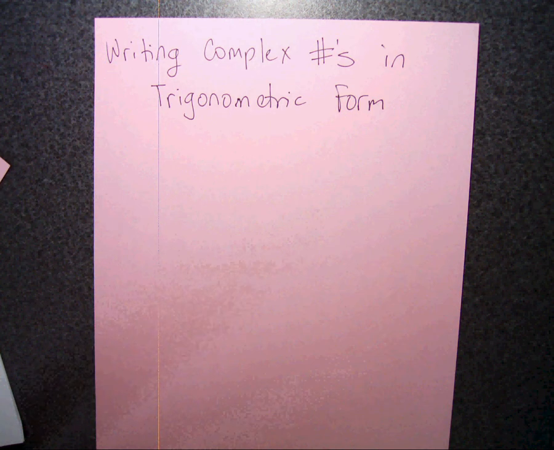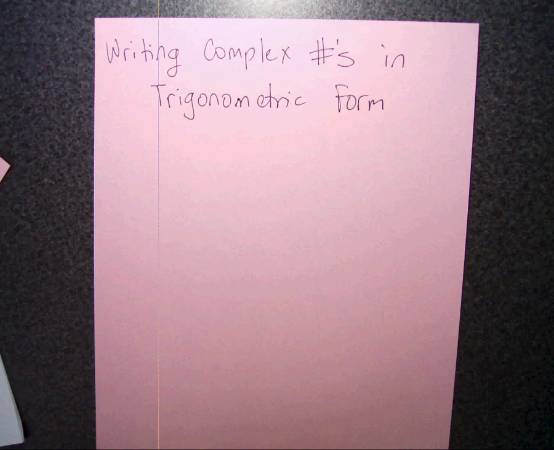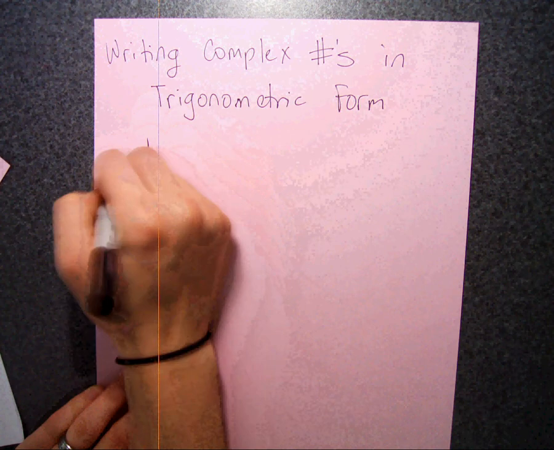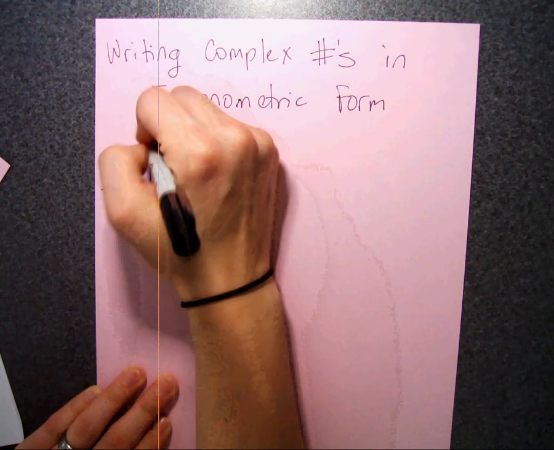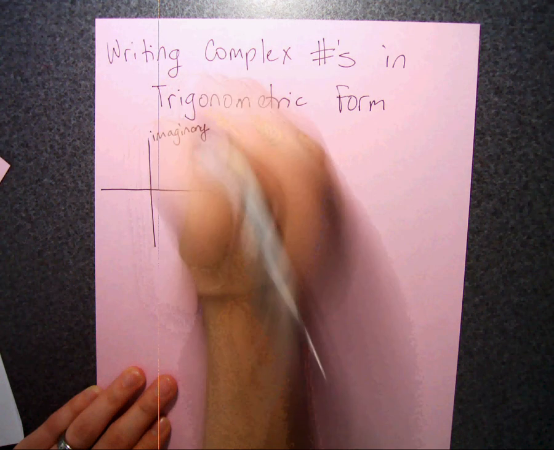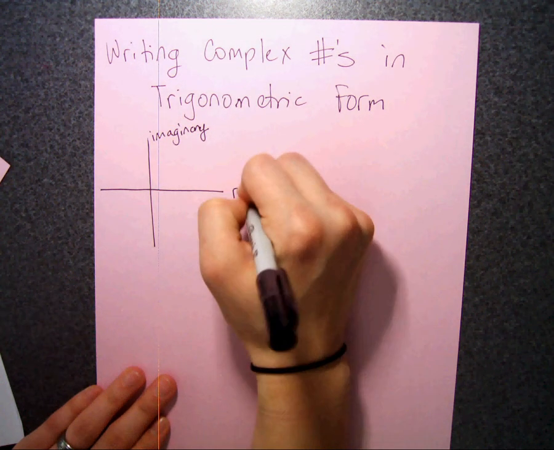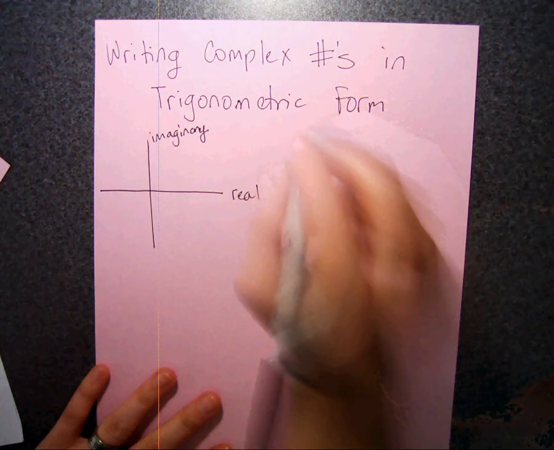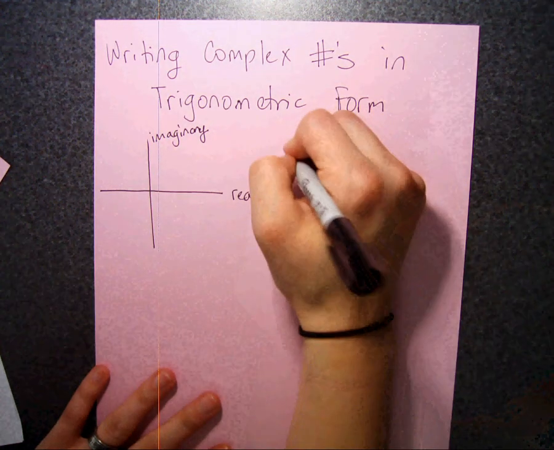If we think of the y-axis as the imaginary axis and the x-axis as my real axis, then let's say I have 1 plus 3i. Take this number right here. 1 plus 3i. Then I can plot it.